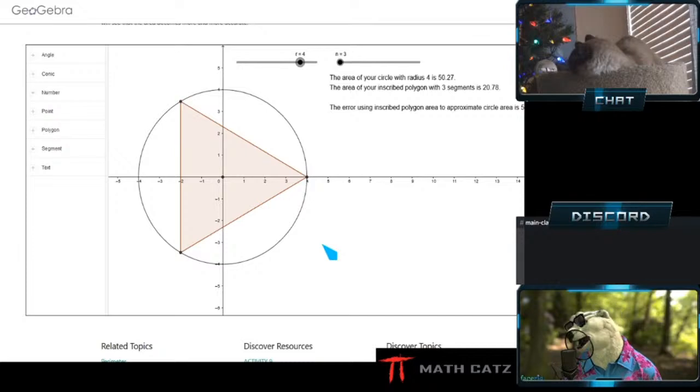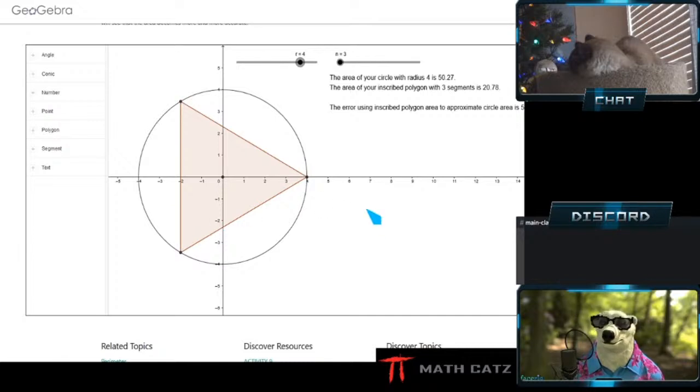In the case of a triangle inside a circle, the area of the triangle isn't even close to the area of a circle.